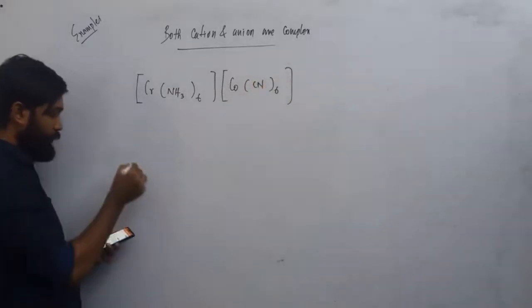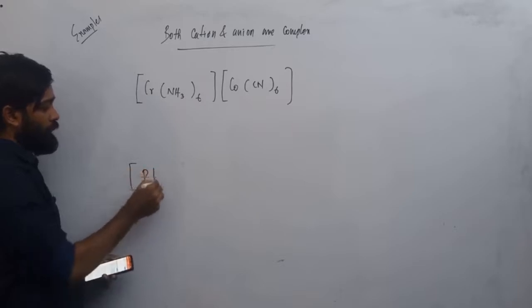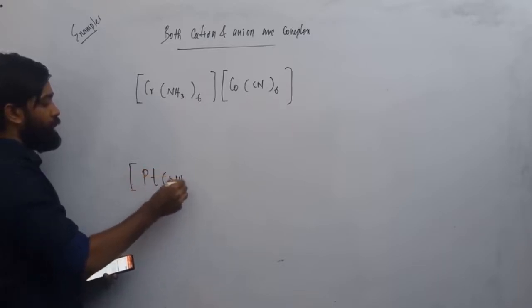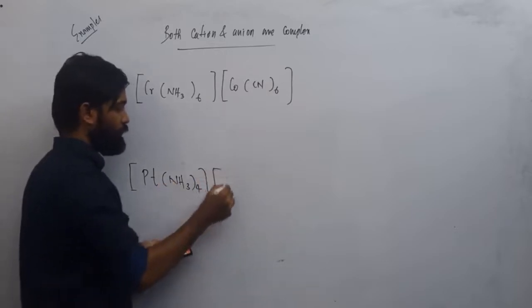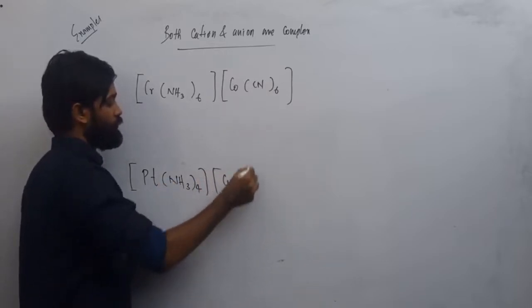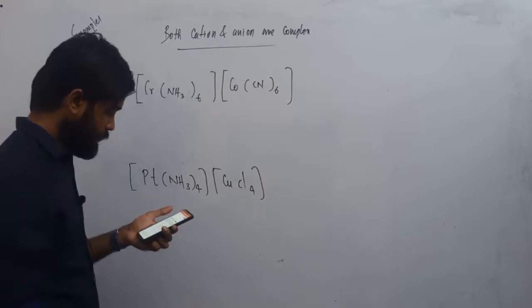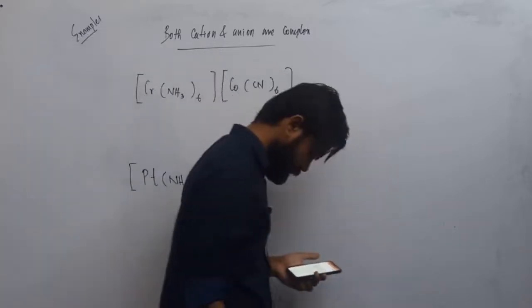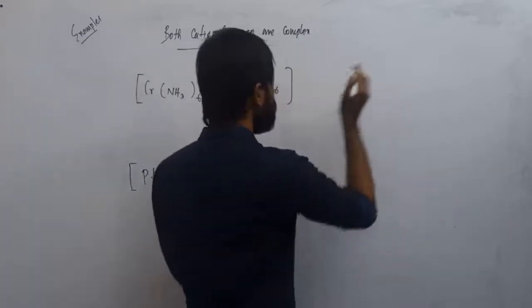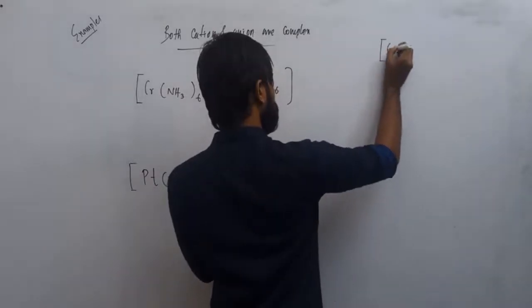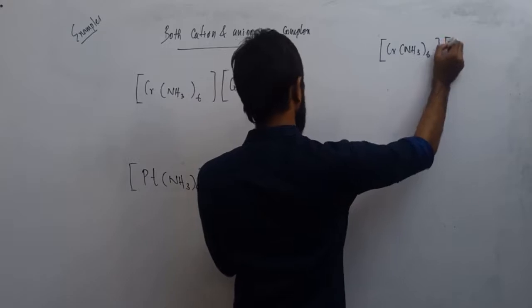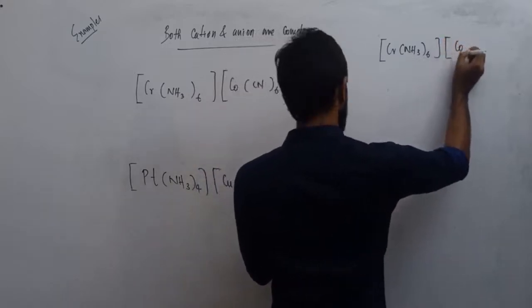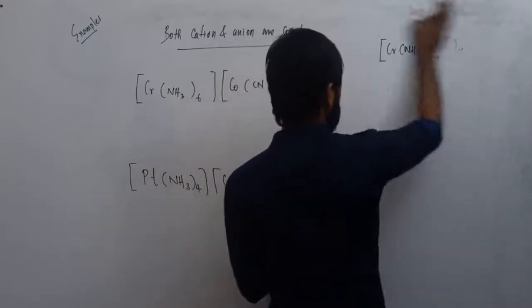Okay. Next, Pt NH3 4 times, all of CuCl4. The next, Cr NH3 6 times, Co, no need of that.